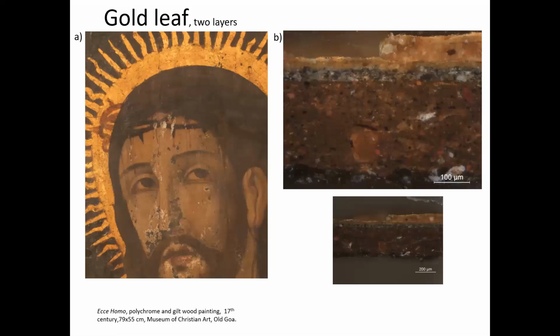And then we can also understand that earth pigments were used. We have earth pigments and kaolinite as a matrix ground of both Goan paintings.